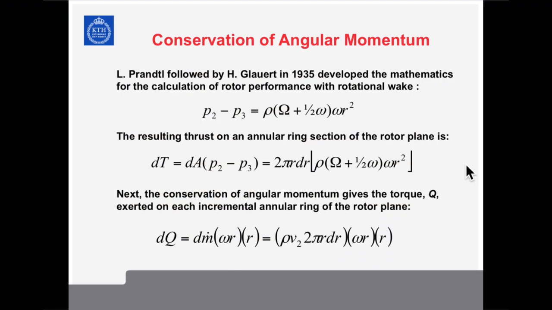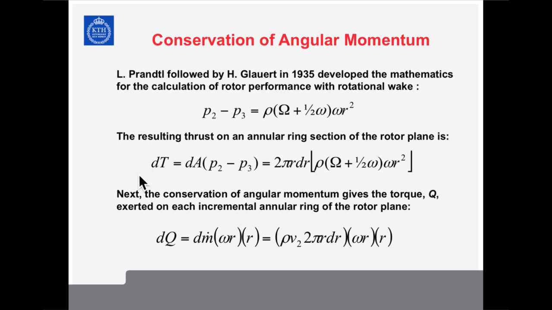The pressure differential developed by the rotor would need to be expressed now in terms of the rotational motion of the fluid. The thrust, again, would need to be expressed as a function of the rotational motion.